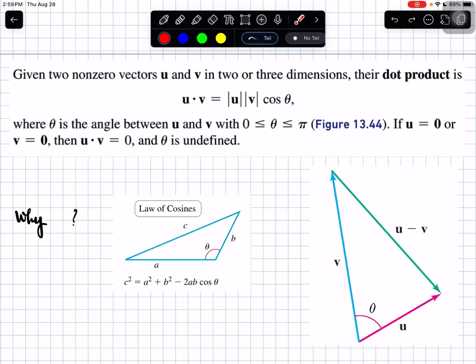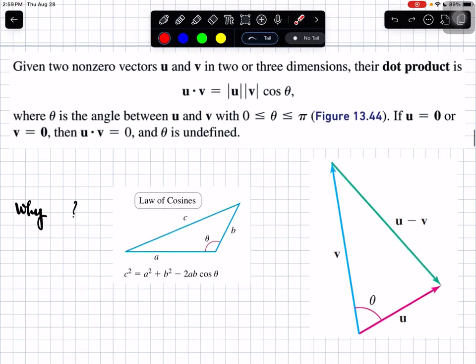If either u or v is 0, then the dot product is 0 by convention, and the angle between them is undefined. So the dot product u dot v is length u times length v times cosine of the angle.